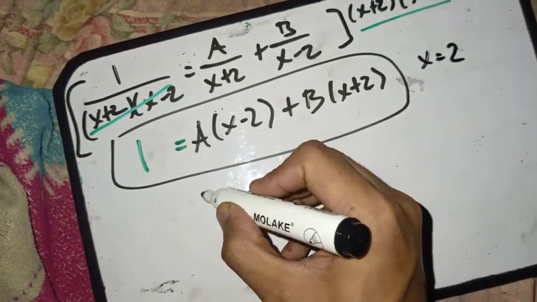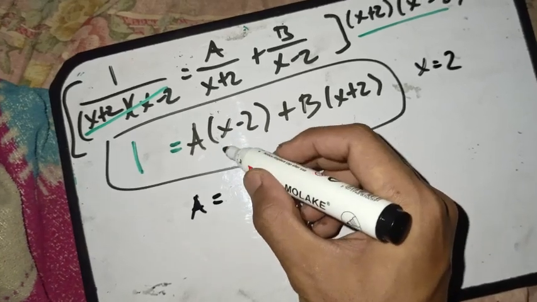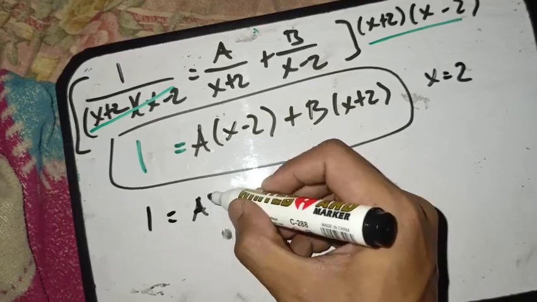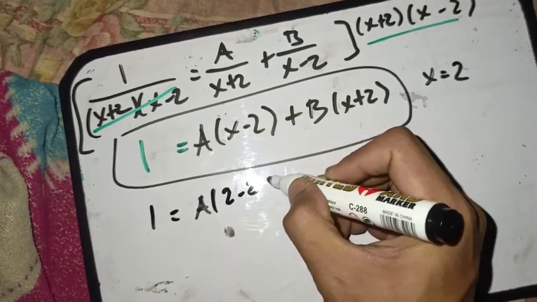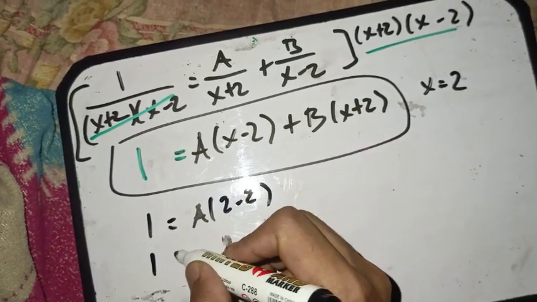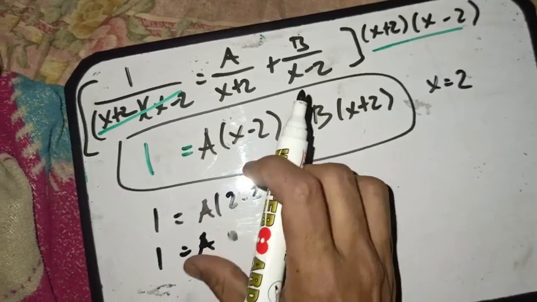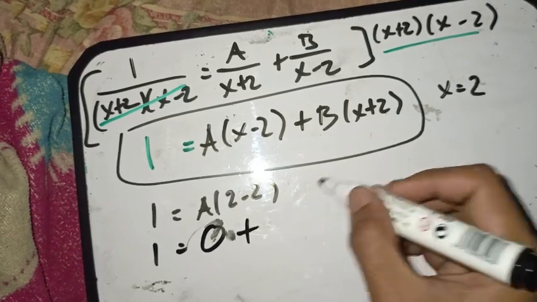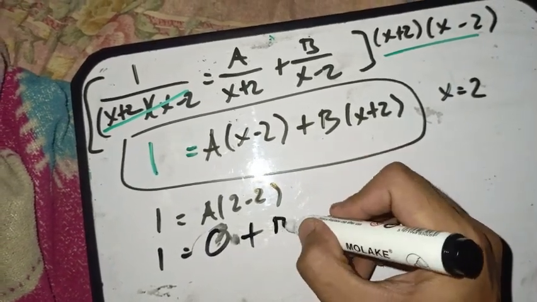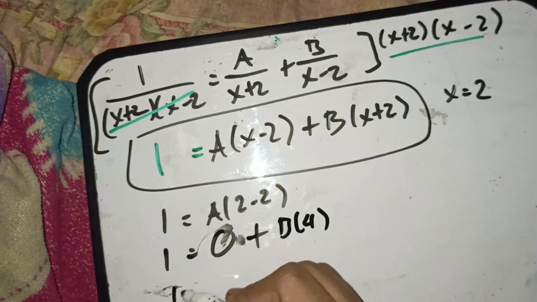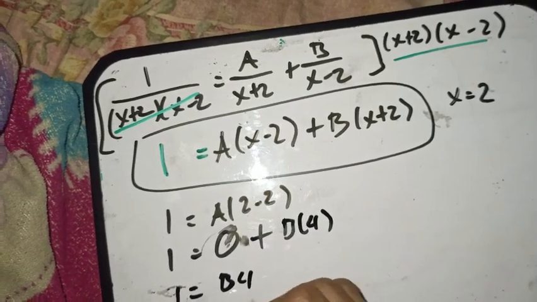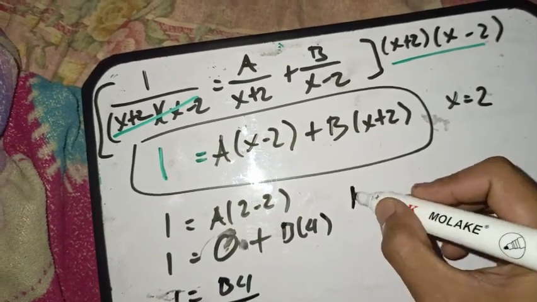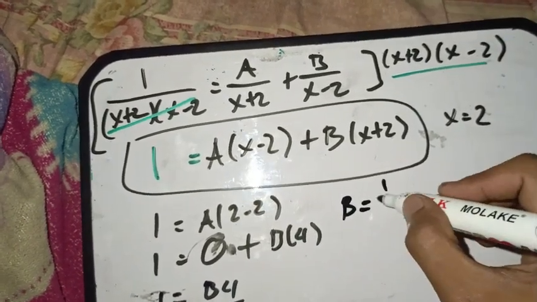Then 1 is equal to a multiplied by 2 minus 2, which is a multiplied by 0, or simply 0, plus b multiplied by 2 plus 2, which is 4. So 1 is equal to 4b. Dividing both sides by 4, b is equal to 1/4.